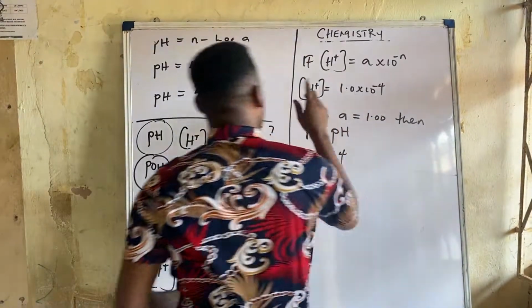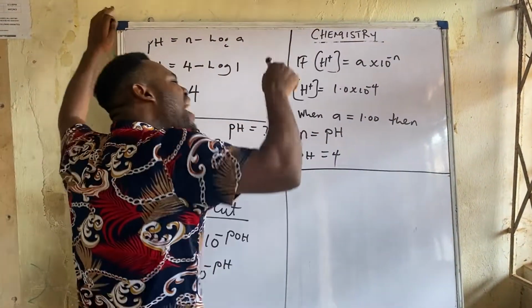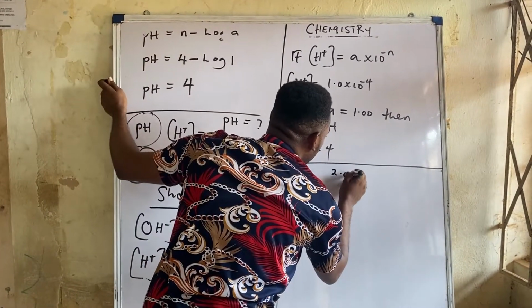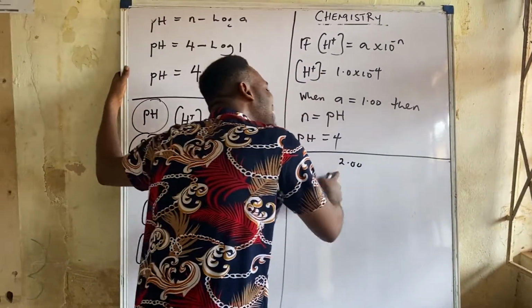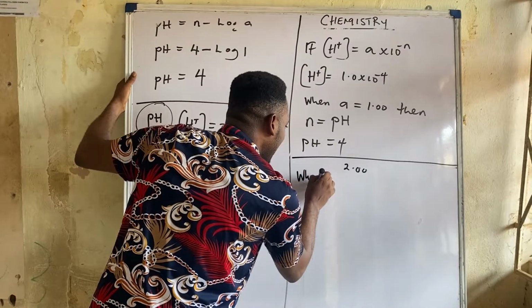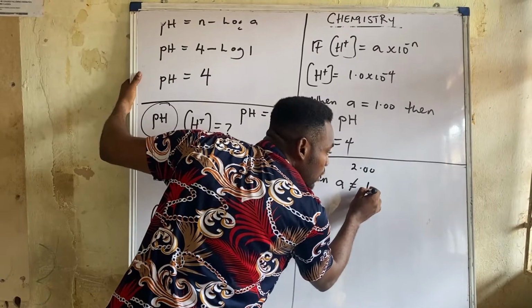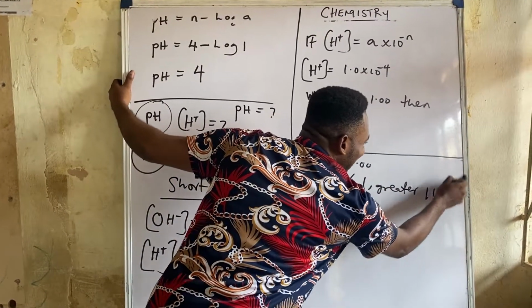But the question many students are asking is, what if this A is not equal to 1? Look at that condition here. If A is not equal to 1, let's say it is something like 2.00 and above, but it is not above 10, meaning that A is greater than 1 but less than 10.